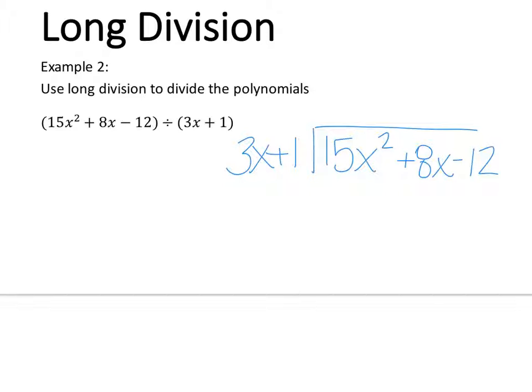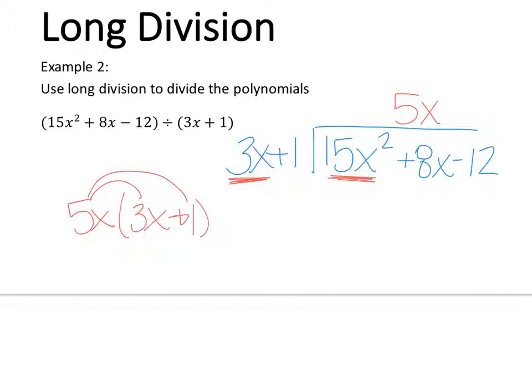Again, I want this first term to match this first term. So to get the 3x to match the 15x squared, I need to multiply in a 5x. When I distribute that, I have 15x squared plus 5x.